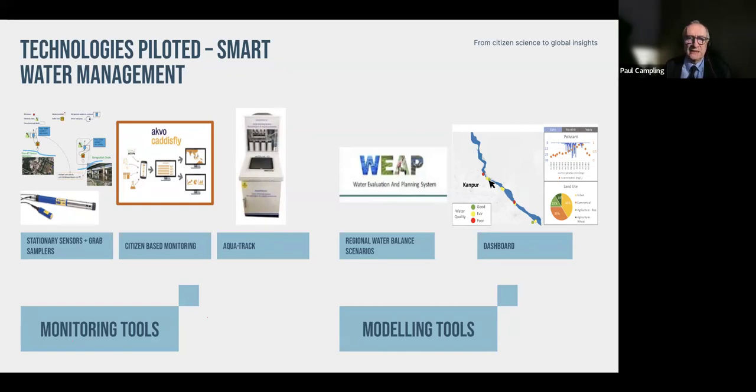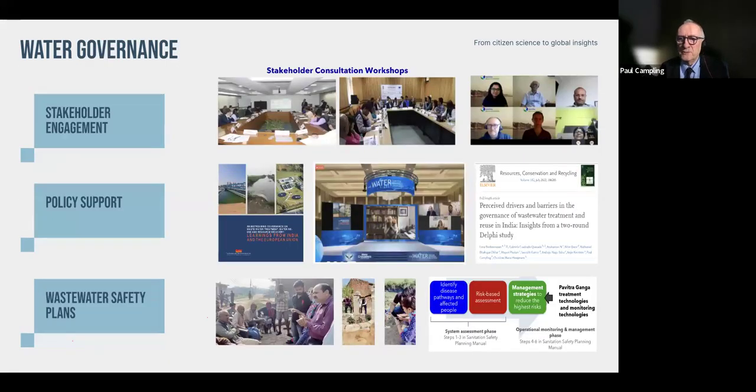In the context of this project, we have done this within the irrigation scheme downstream of the wastewater treatment plant in Kanpur. So we're looking at various monitoring technologies, and on the right, we are also looking at different strategies to use modeling techniques to look at scenarios to improve our investments in wastewater treatment, and look at the impact of improving treatment on the environment. So those are the technologies we're using around smart water management.